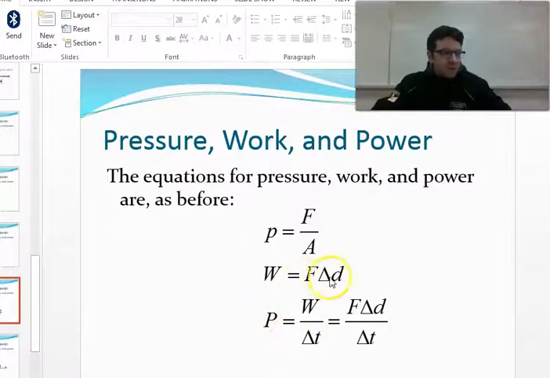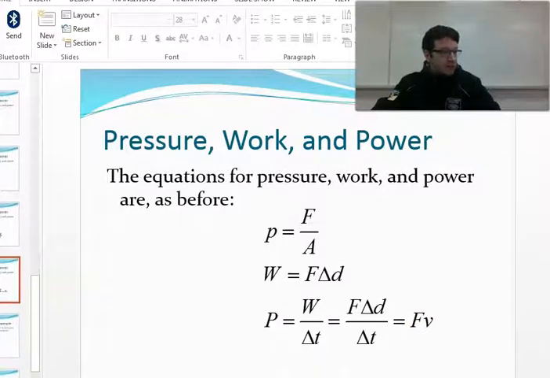Because work is force times displacement, I can replace the work term in power. So now power equals force times distance over time. But distance over time is speed. So I can write power as force times speed.